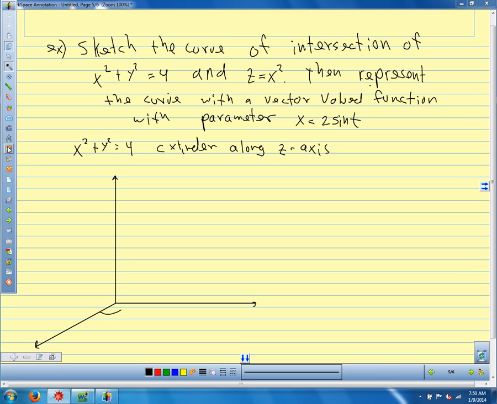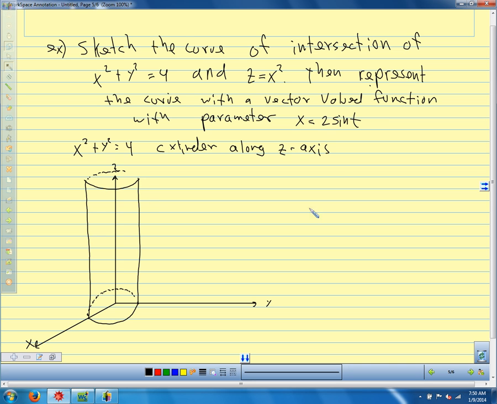Make it a little bigger. So there's our cylinder. And I'll extend this back this direction so we know that we're going back here as well. So there's our cylinder.